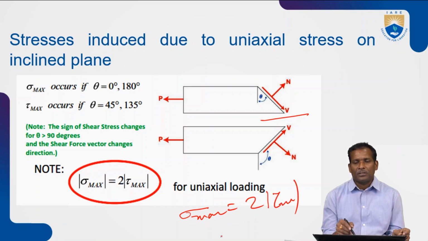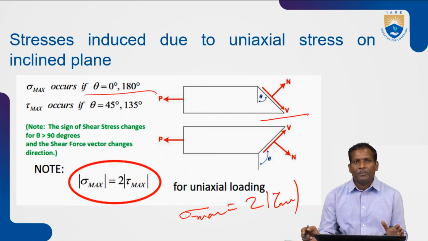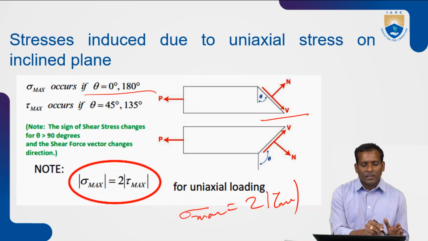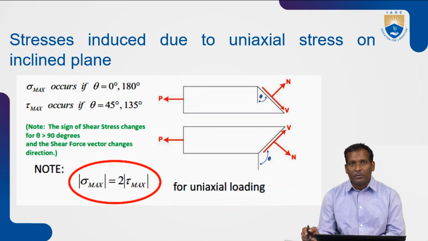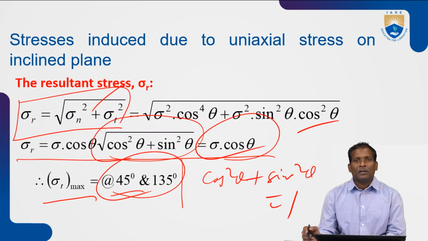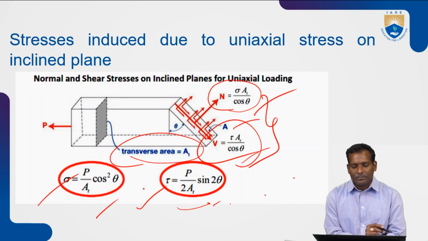So sigma max is equal to 2 times the shear. Here the sigma max occurs when theta is equal to 0 and 180, and the shear max occurs when theta is equal to 45 and 135. We have already derived this: the tangential stress, nothing but the shear stress, occurs at 45 and 135.